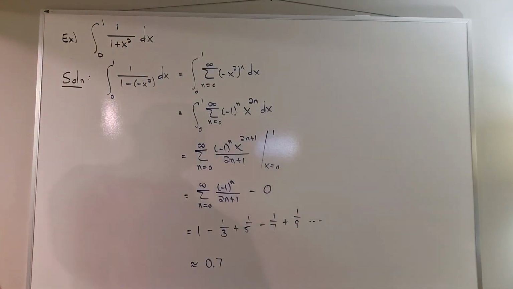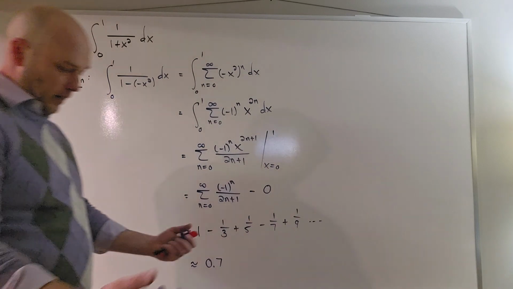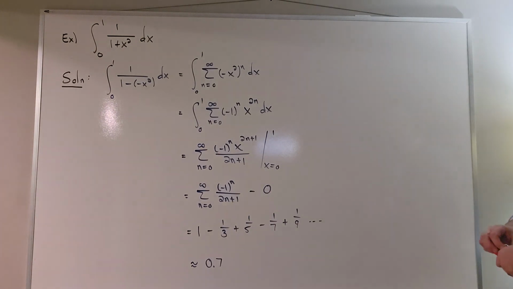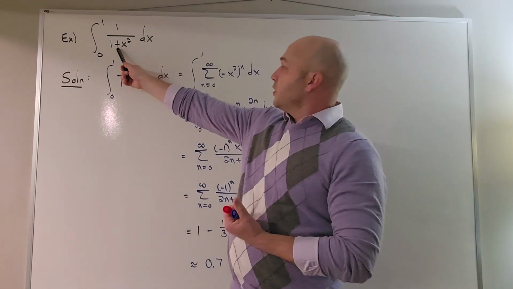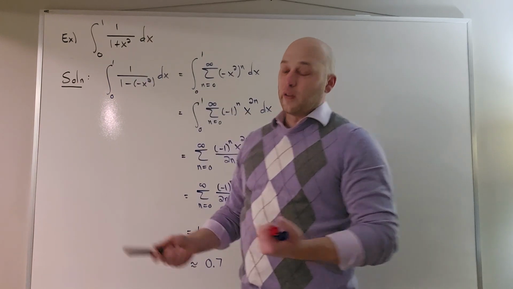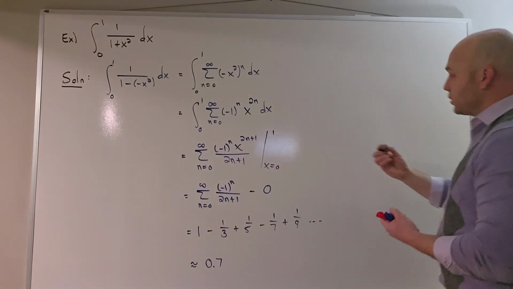All right, so then you say, well, that's great, I was able to approximate it, but it'd be nice to know the exact value. Well, remember, we actually know what this is. The antiderivative of 1 over 1 plus x squared comes up fairly frequently. So let's do solution 2.